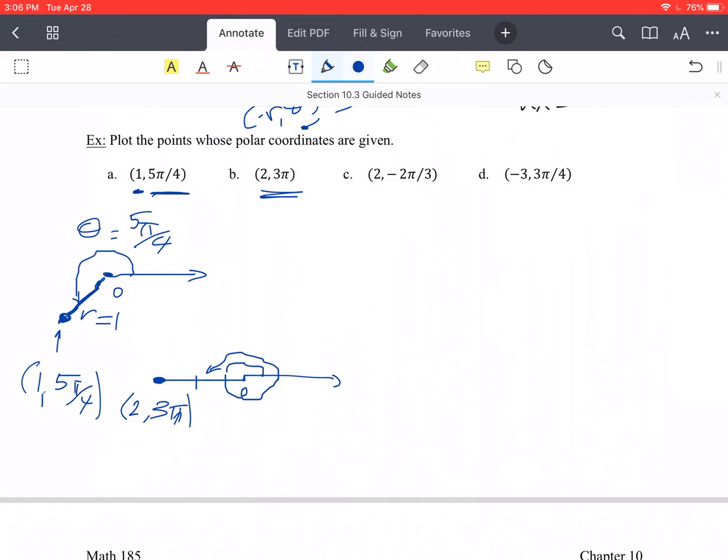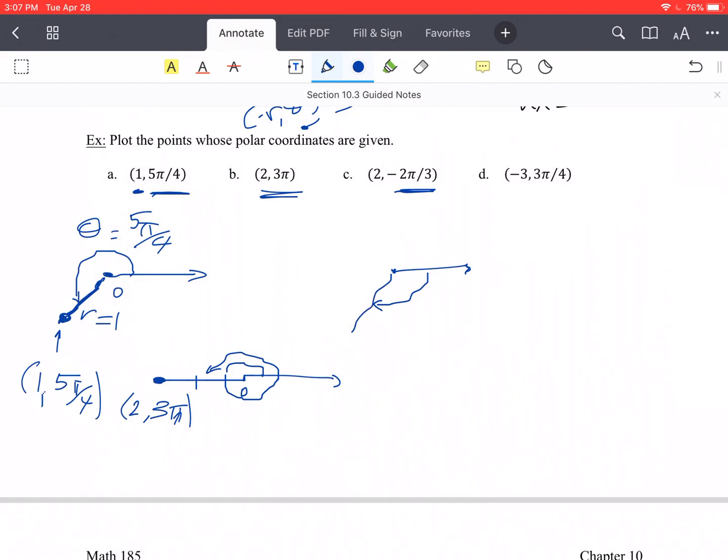Alright. And then part C. So we have our polar axis here. And we're going negative 2 pi over 3 for the angle. So we're going to head in the negative direction, 2 pi over 3, which is going to put us just a little bit more than 90 degrees, right, or pi over 2.